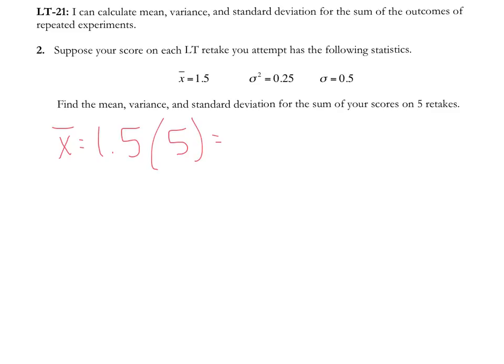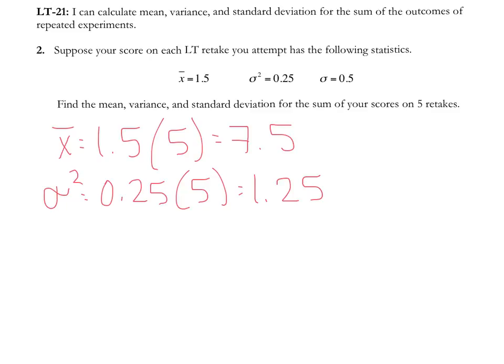We get 7.5. We can do the same sort of thing with the variance. The variance for the sum of the scores on 5 retakes is just going to be our original variance, 0.25, multiplied by 5. If you multiply that out, you'll get 1.25, and that's going to be your variance.